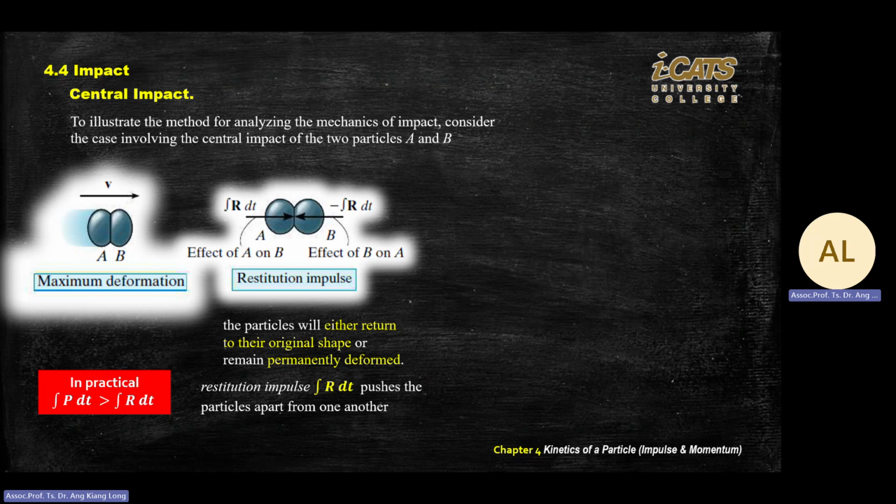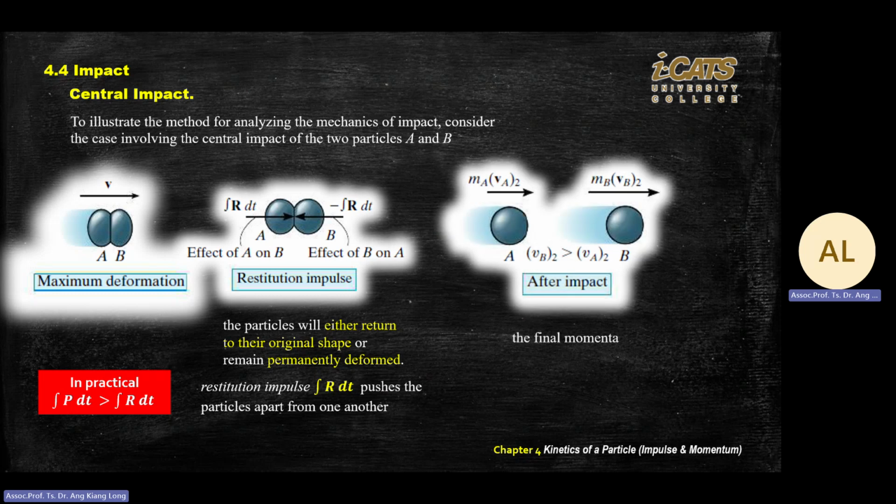That's why your impulse will be less, then it breaks away. Usually after impact, B will move faster because you transfer the energy to another body. Slow object becomes faster, fast object becomes slower. This is a normal impact process. So you need to identify the phases.